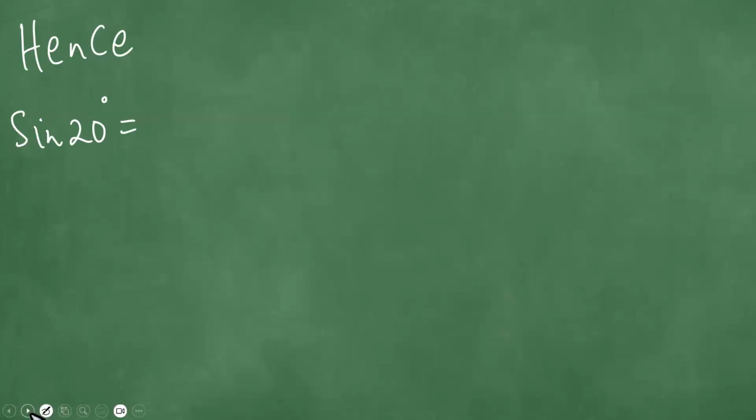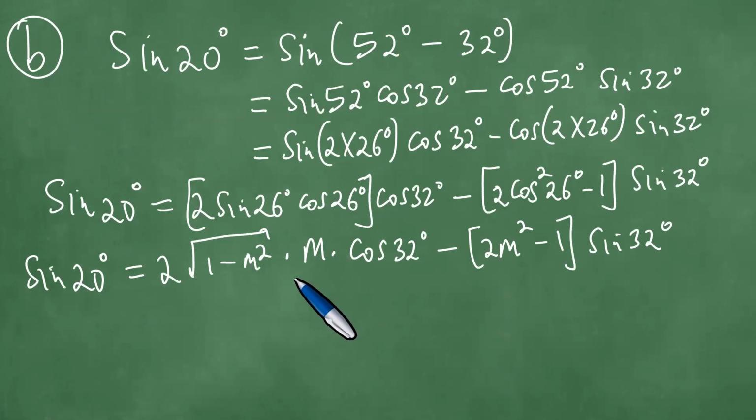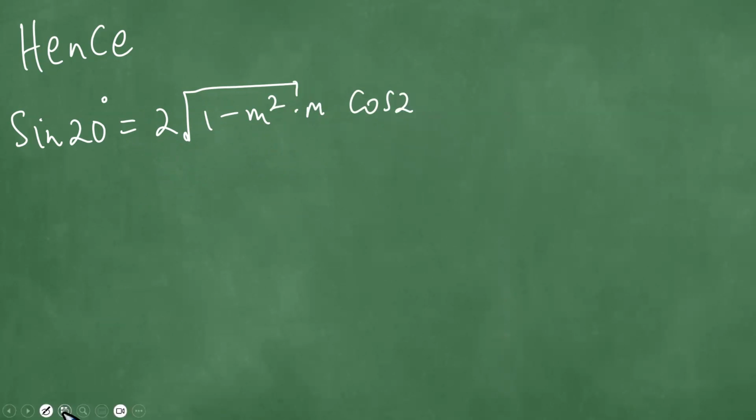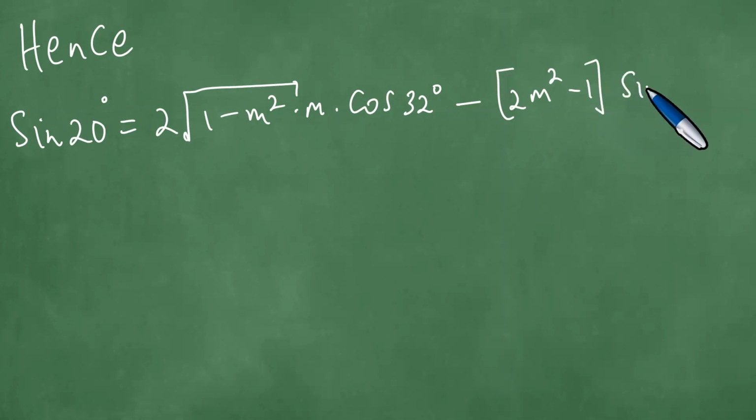We have already seen from this particular part of our working: you have 2 times the square root of 1 minus m squared times m times the cosine of 32 degrees, minus, and we have seen that we actually got 2m squared minus 1 times the sine of 32 degrees.